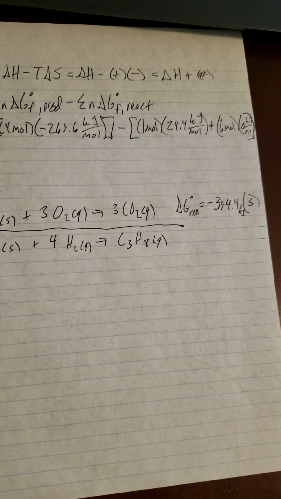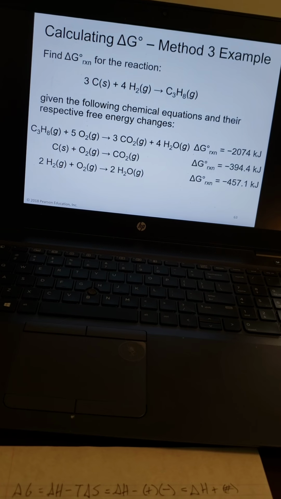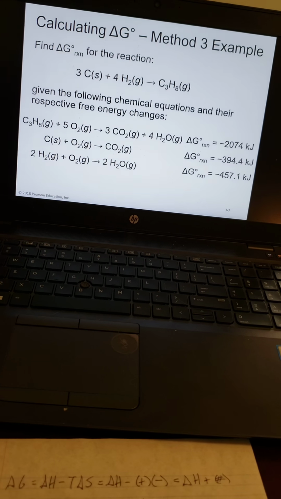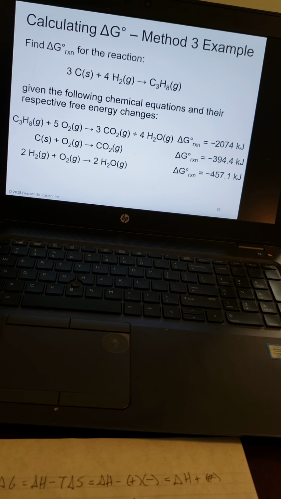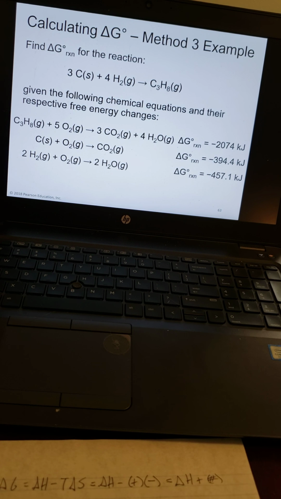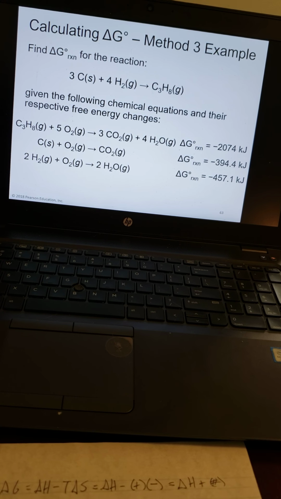Cool. Now, let's go back. All right, so we got our carbon. Maybe let's try to get our hydrogen. It only appears in this last one. We need 4 moles as a reactant, and this one gives me 2 moles as a reactant. So it looks like I need to double that last reaction.